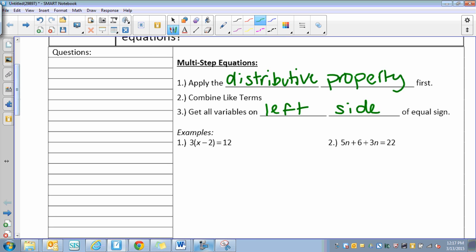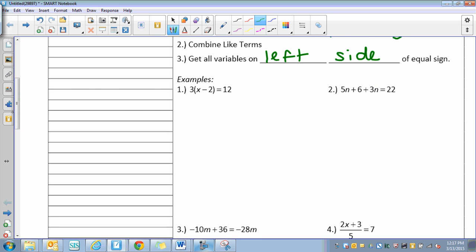Alright, so let's look at number 1. Number 1 has the distributive property. We say yes, so the first thing we want to do is apply that distributive property. So we have 3 times x, which is 3x. 3 times negative 2 is negative 6, equals 12. Now we have no terms to combine. We don't have any like terms on the same side, but now we can solve a two-step equation.